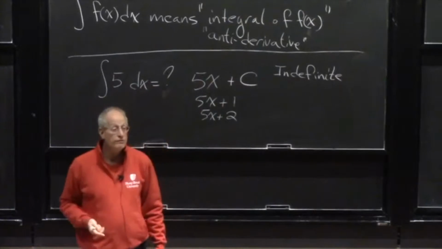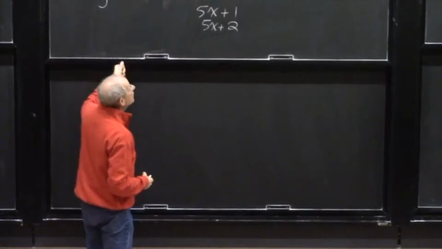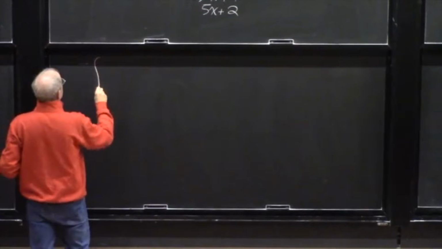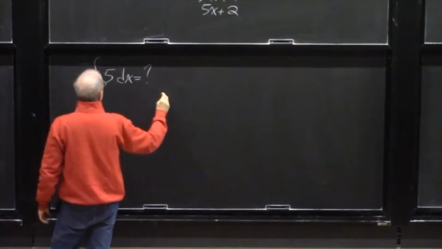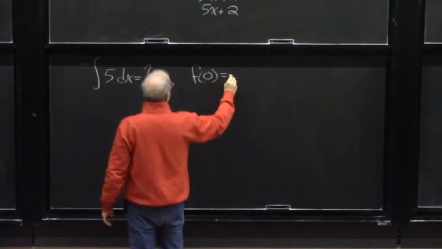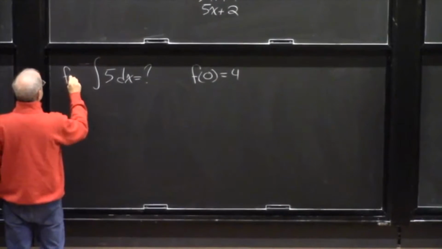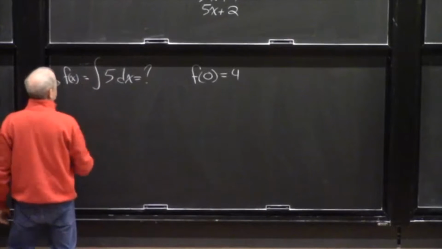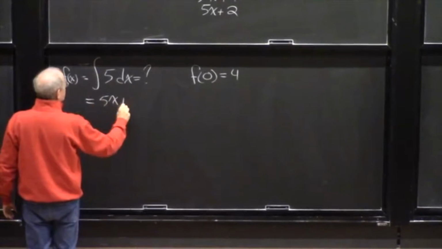I can give you more information. So let's say I tell you that the integral of 5 dx equals f of x, and I tell you that f of 0 is 4. So we say, all right, well, that equals 5x plus a constant.